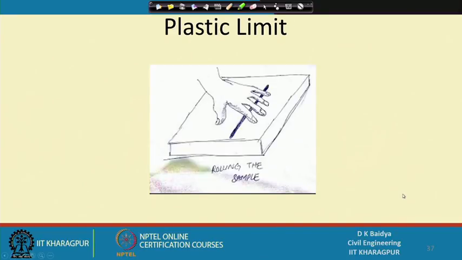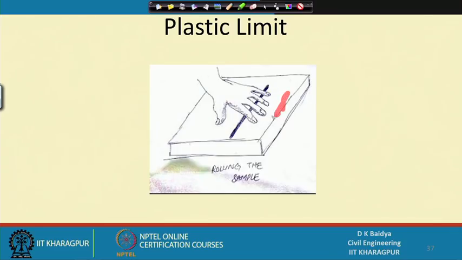And similarly, the plastic limit is also a very qualitative test. You have to mix some amount of soil with water, and then you have to roll it, initially by hand, and later on a glass plate, as you can see here.